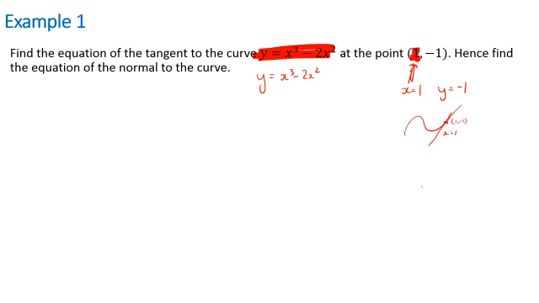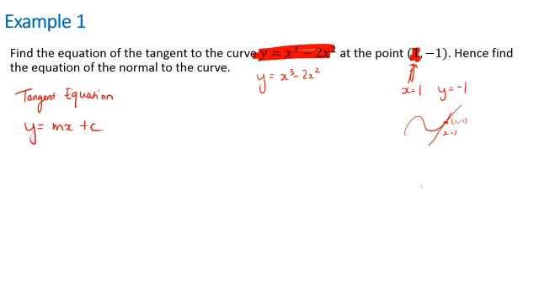Alright? So let's do this. I'm going to do this on the slide over here to find the tangent equation. Well, we know the tangent equation follows y equals mx plus c.